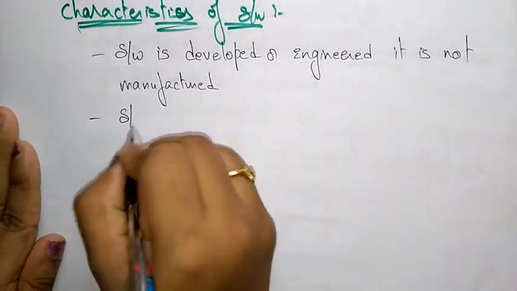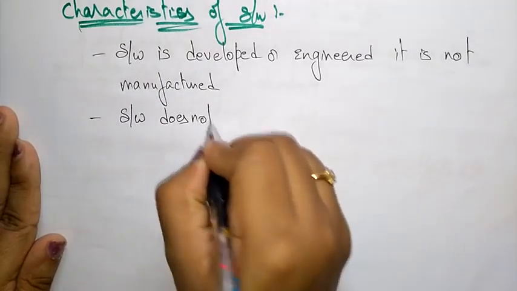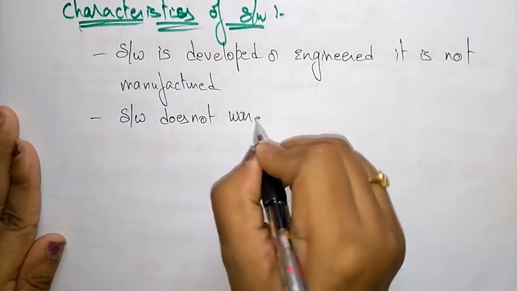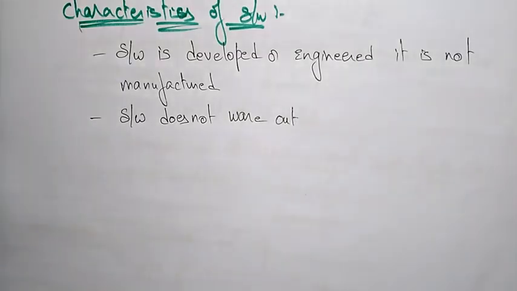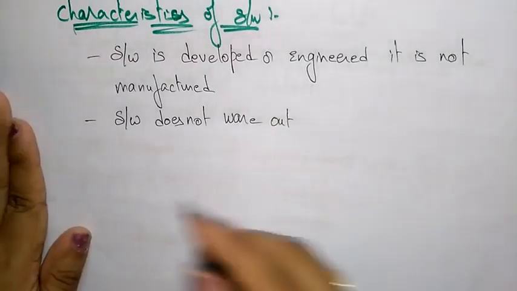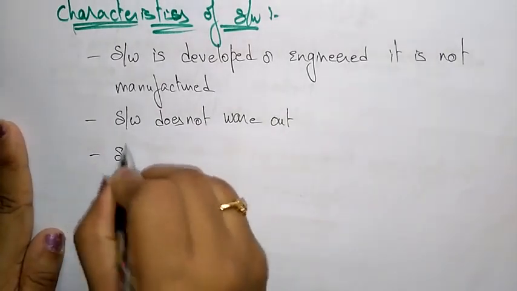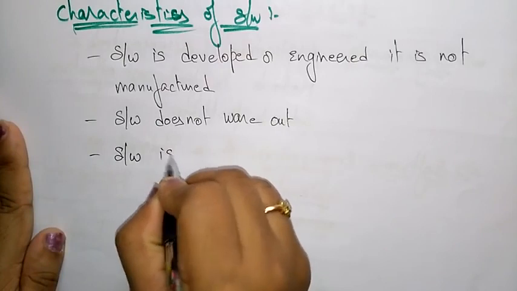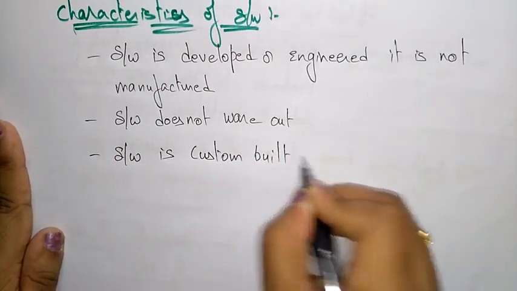The next characteristic: whatever code language you are using, software does not wear out, though it deteriorates due to changes. And next, software is custom built.